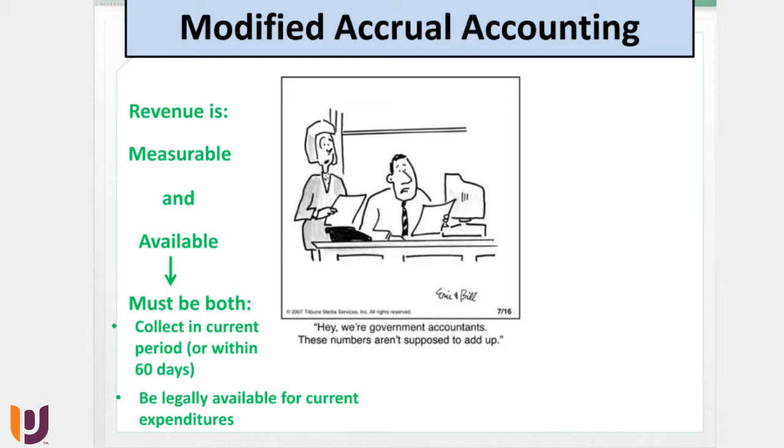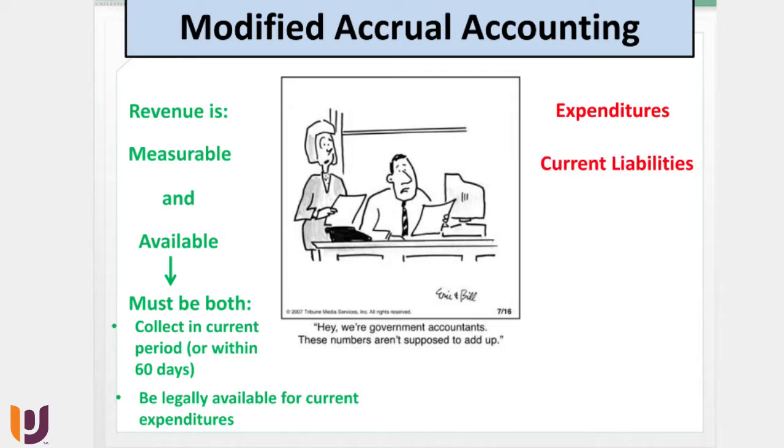Under modified accrual accounting, we record the expenditures when the liabilities are incurred. Governmental fund expenditures are recognized in the fiscal year in which the fund liability is incurred. Expenditures are recognized when a transaction or event is expected to draw upon current spendable resources rather than future resources.